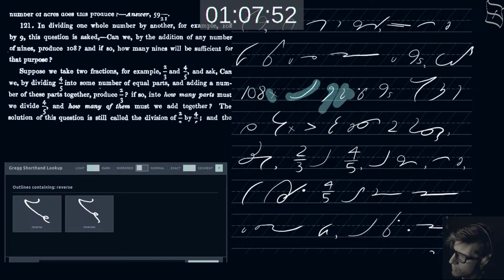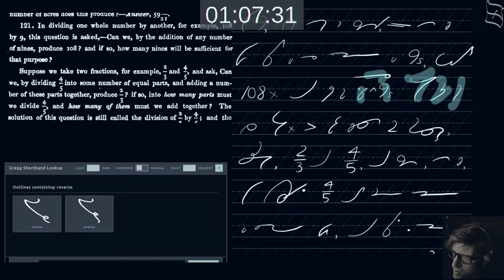And if so, how many? I believe it's how many 9s, right? So we need how many. Let's add that here. How many 9s will be sufficient for that purpose?